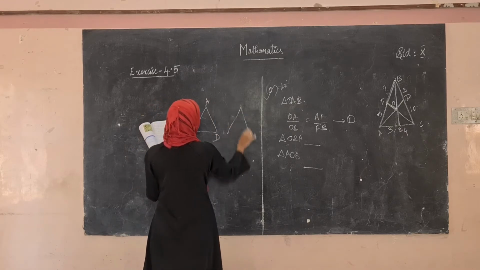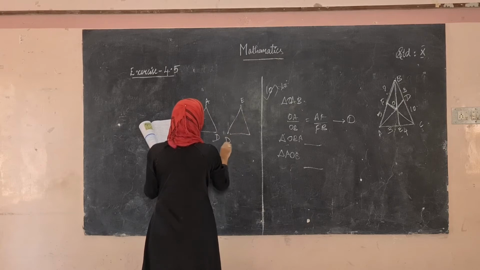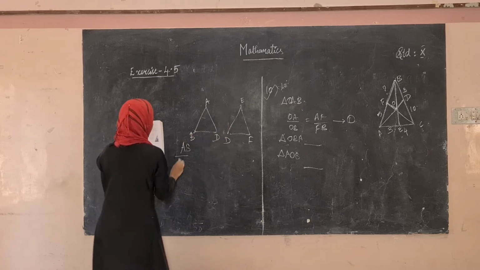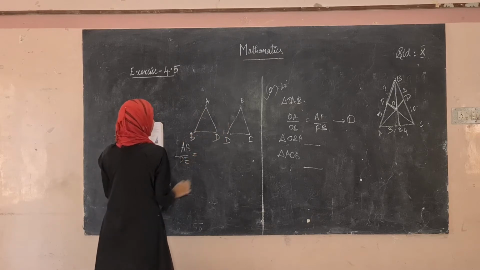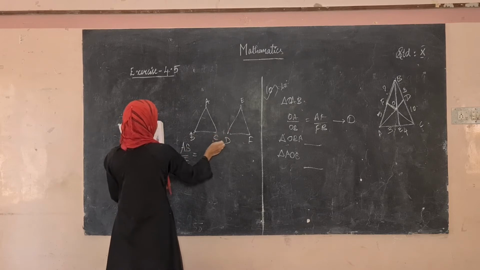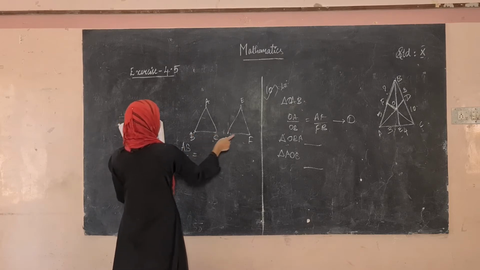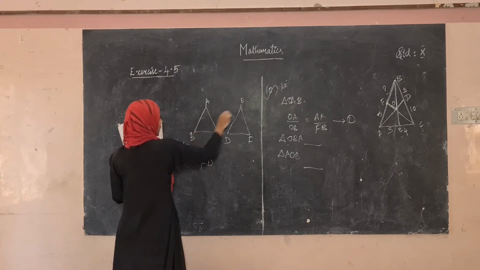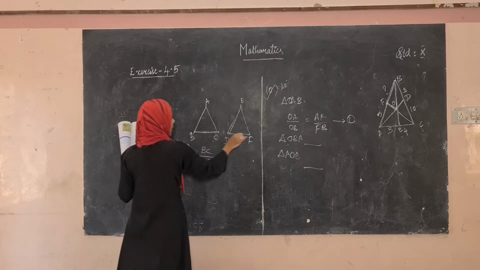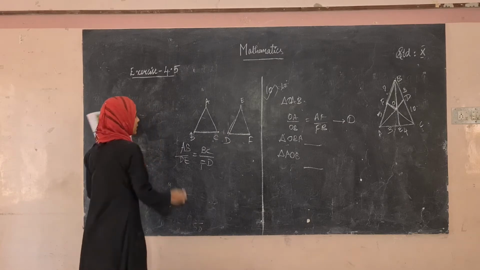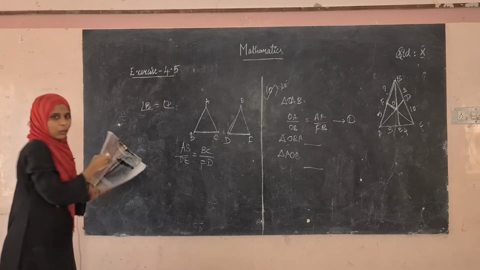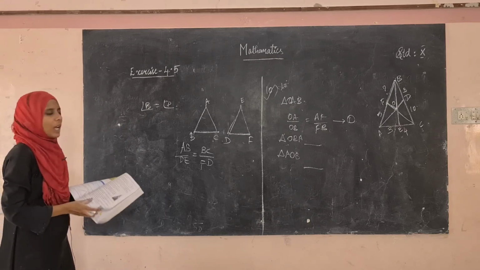In the question it is given that AB divided by DE is equal to BC divided by FD. So from this we can say angle B is equal to angle D. So the option is 3: angle B is equal to angle D.